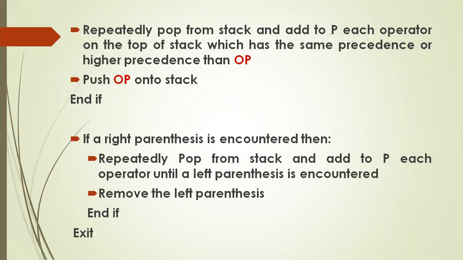So now we have finished two possibilities. If an operand comes, what you have to do? You have to add it to P. If an operator comes, then repeatedly pop all the operators in the stack and add them to P, only those operators whose priority is higher than or equal to the precedence of the new operator.